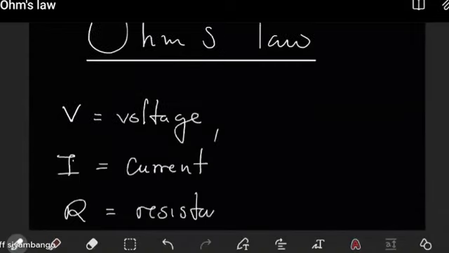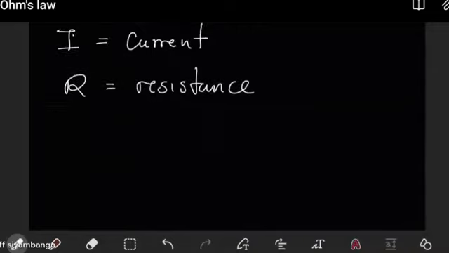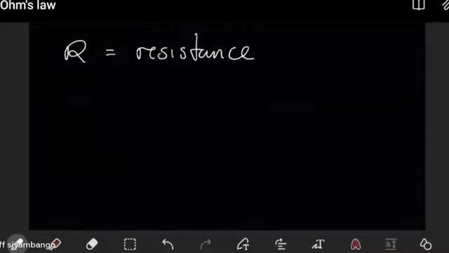So let's start by describing what resistance is before we go on to define Ohm's law. So what is resistance? Well, resistance is just the ability to resist current, or the difficulty current encounters as it is moving in a conductor. So that is what resistance is.